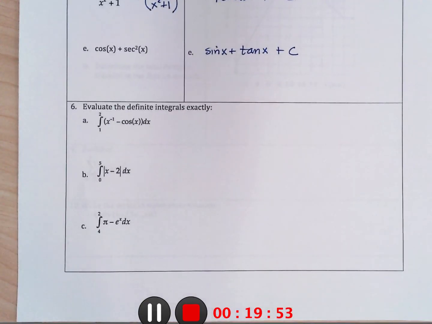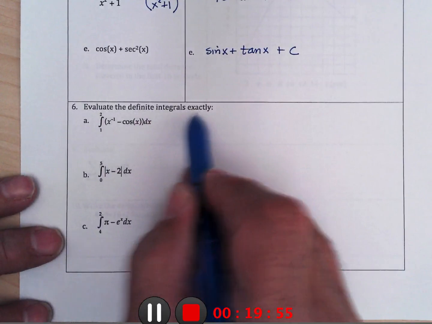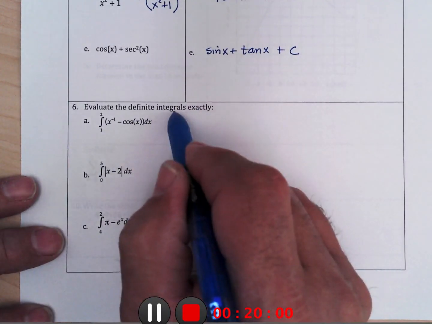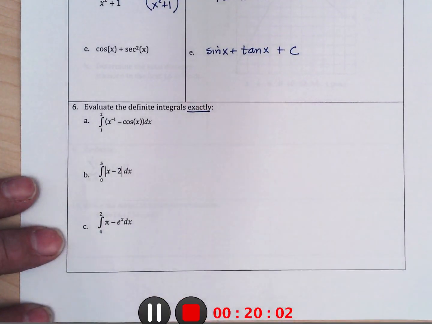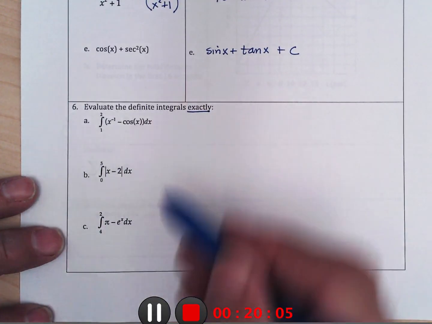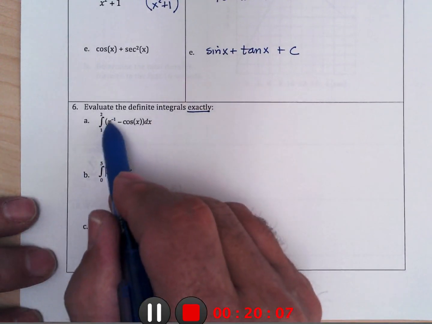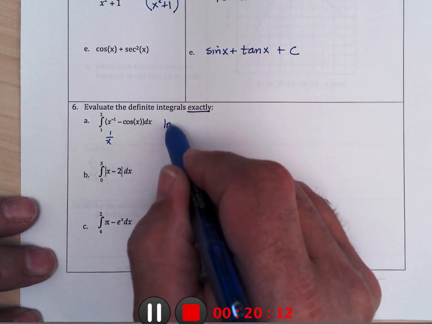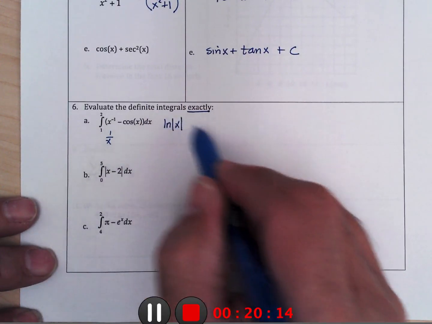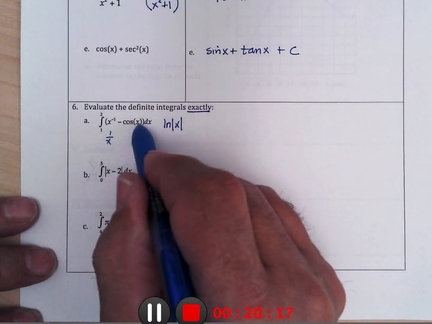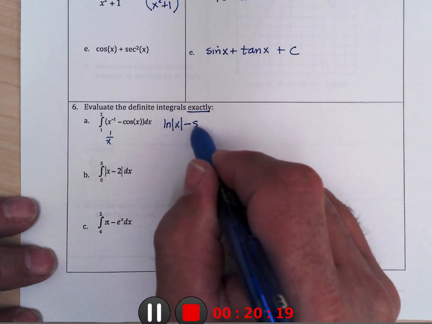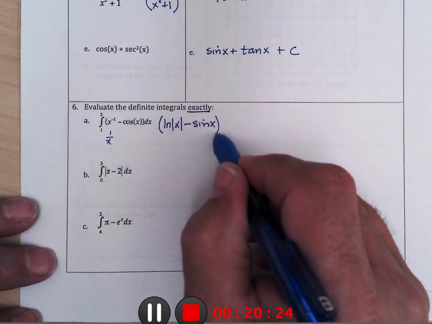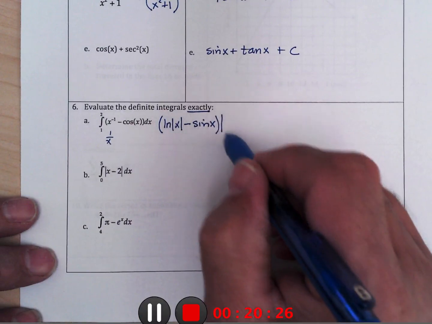Now this one, we're supposed to evaluate these definite integrals, have limits, exactly. So I don't want decimal approximations. I want it exactly. X to the minus 1 is 1 over x, so that becomes ln absolute value of x, and the antiderivative of cosine is sine, so that's negative sine x, and we've got to evaluate that, so we put the limits at the end of this from 1 to 2.